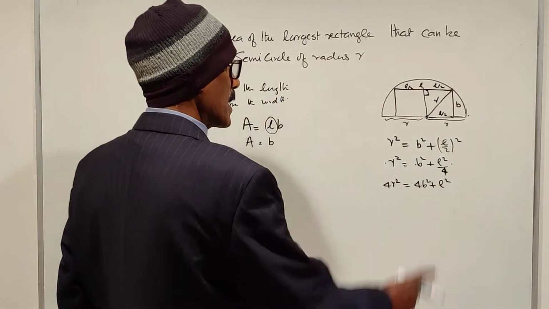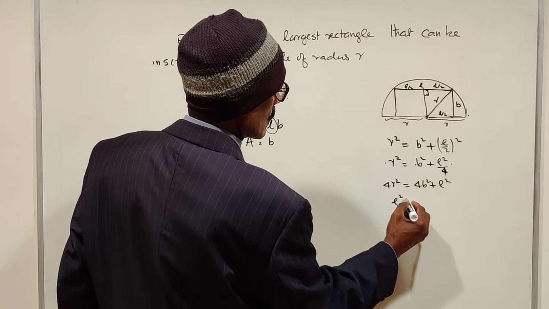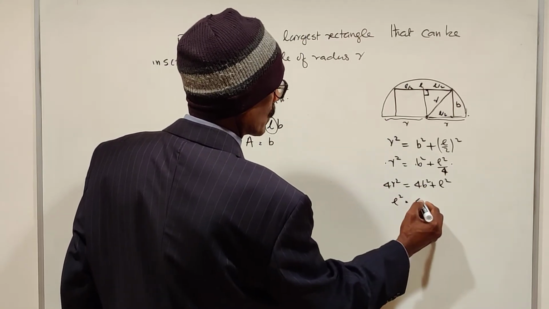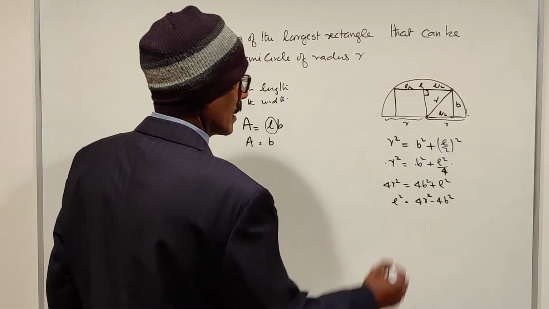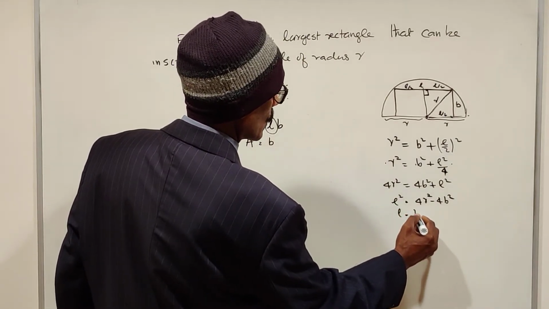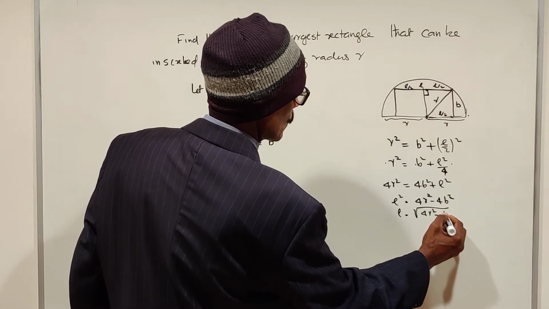From here, L square equals 4R square minus 4B square. Then L is equal to the square root of 4R square minus 4B square.